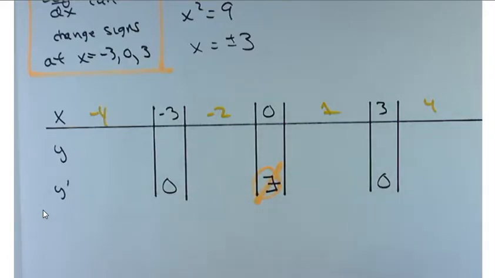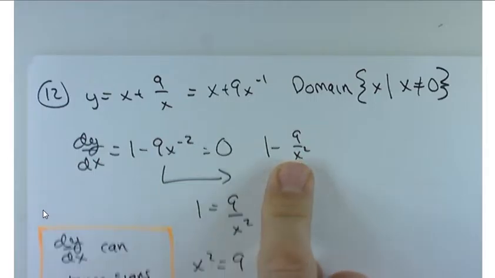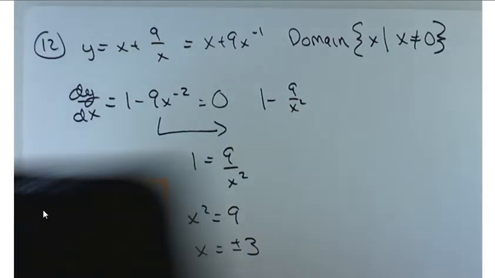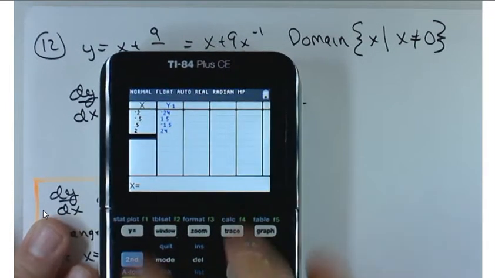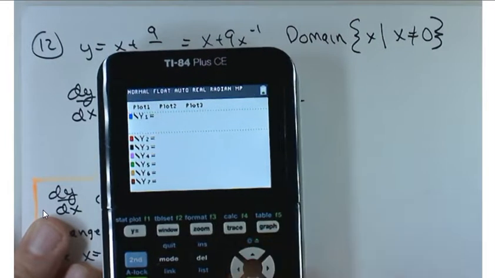What function should I be putting into my calculator? The derivative, all right? So you want to put in this function, or you can type it in like that. Doesn't matter either way. But we want to test the derivative. So let's hit the y equals key and type in 1 minus 9 divided by x squared.